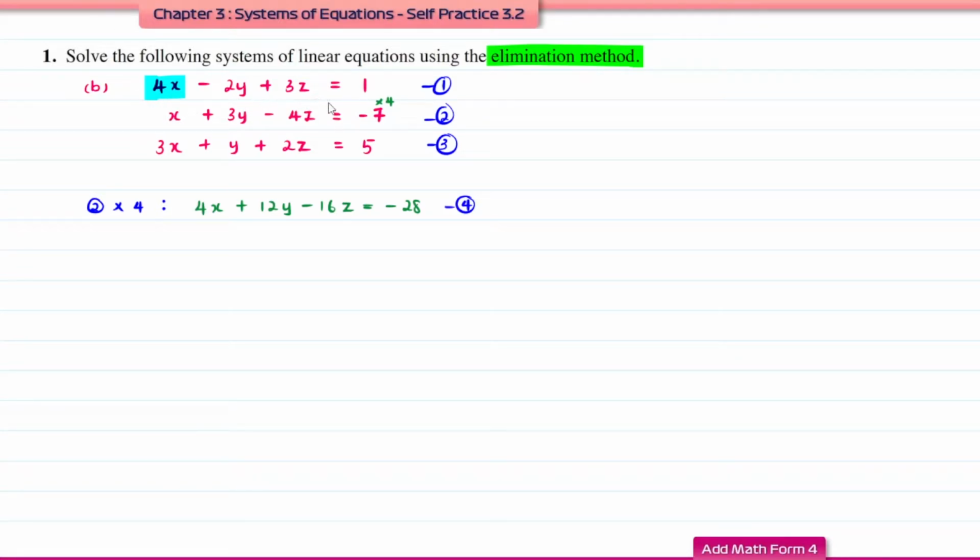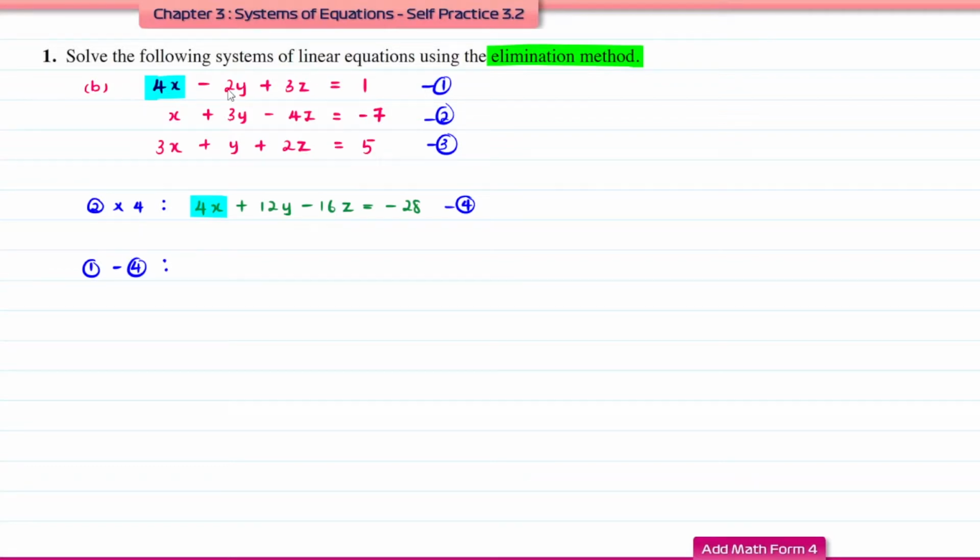Now let us focus on equations 1 and 4. Now we already equalized the variable x. To eliminate it, we're going to subtract. 4x minus 4x is equal to 0. Therefore, here I'm going to use equation 1 minus equation 4. So 4x has been eliminated.